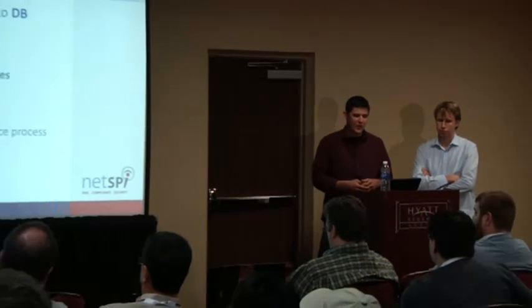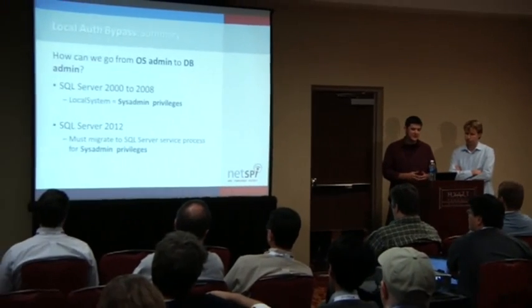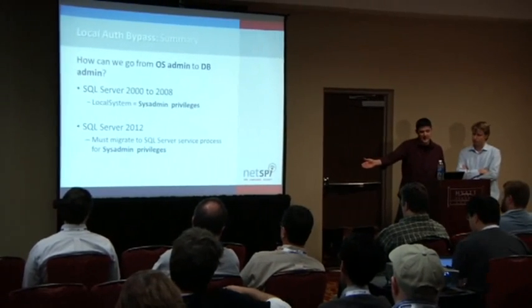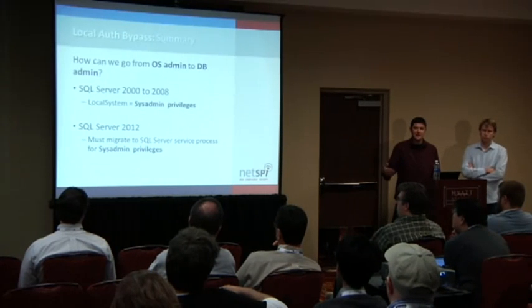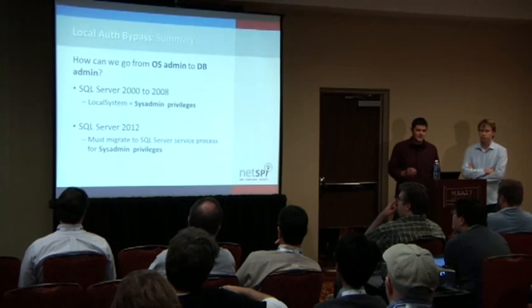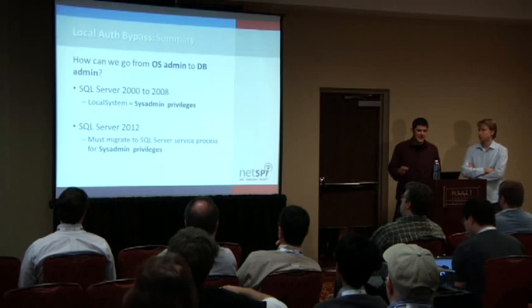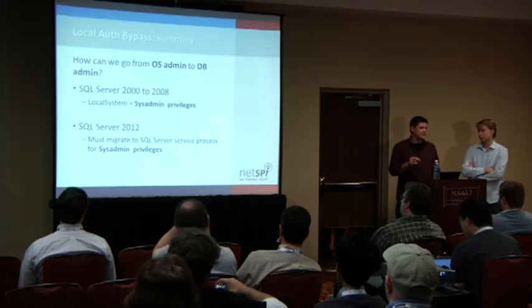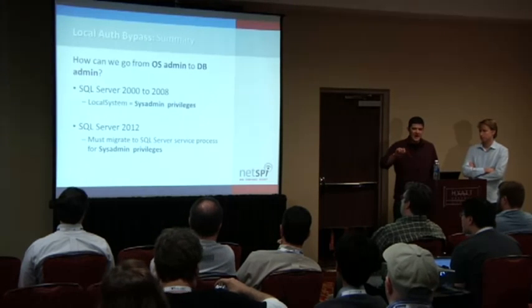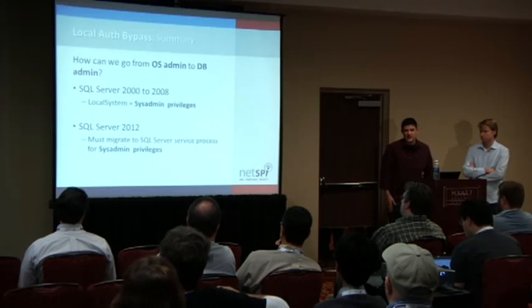What we found is that it's very trivial to bypass this control. So if I'm a server admin on a server running SQL Server 2008, if I can drop down into a system shell, I now automatically have the rights to take actions in SQL Server as a sysadmin, because local system, for patch management reasons actually, was added as a sysadmin by default, kind of out of the box.